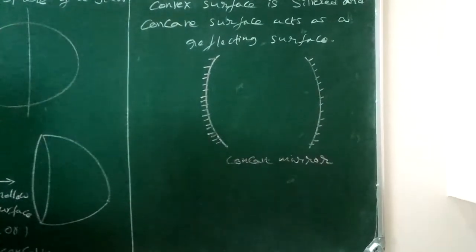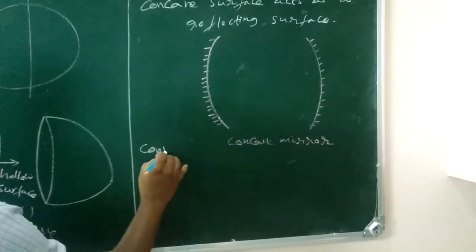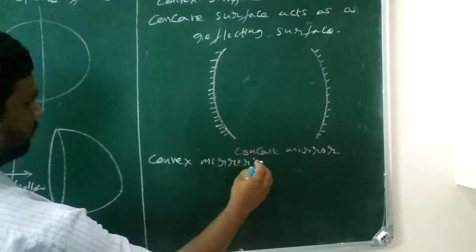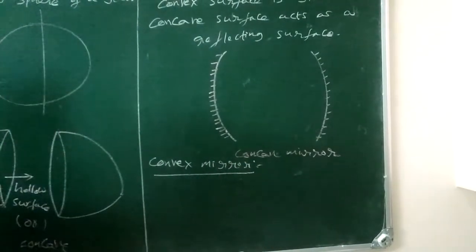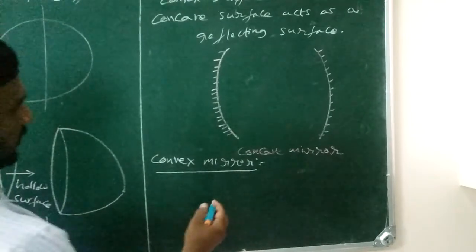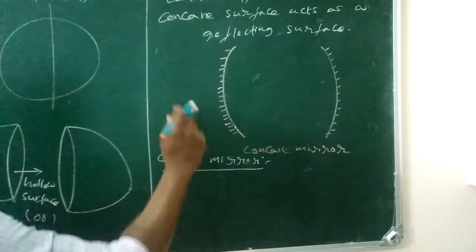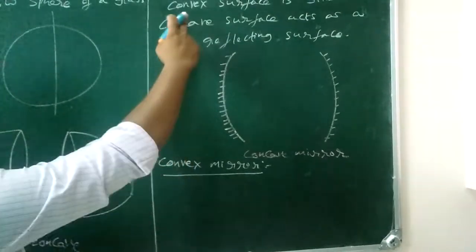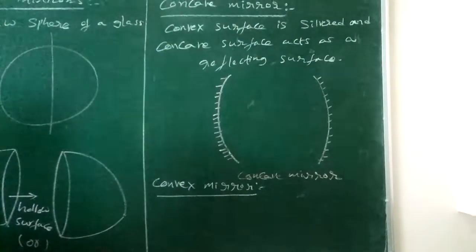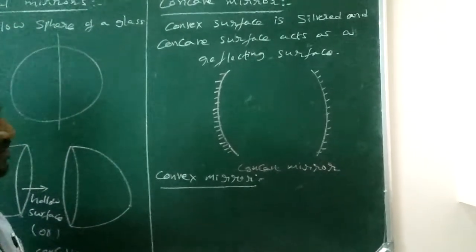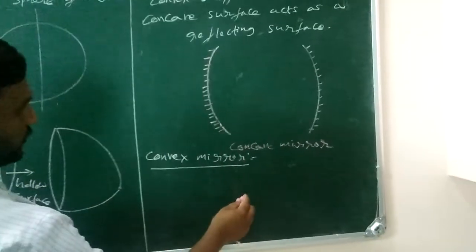And the second one is the convex mirror. If the concave surface is silvered and the convex surface acts as a reflecting surface, such a mirror is called a convex mirror.